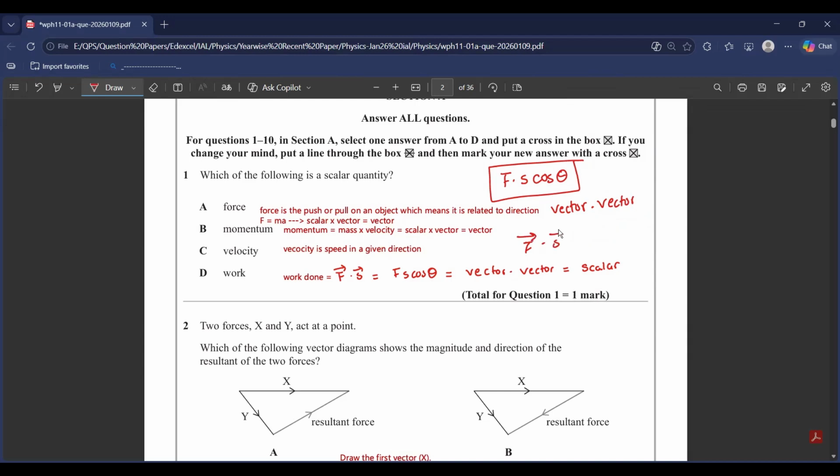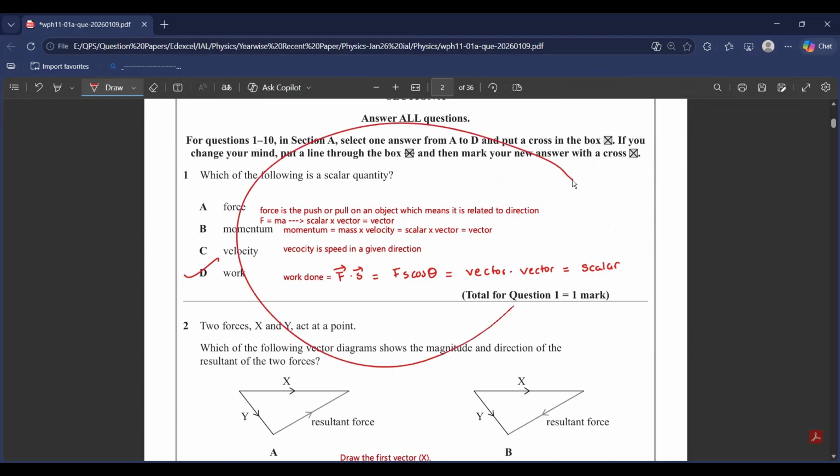Force multiplied by displacement, which we can write as Fs cos theta, which is the dot product. Whenever we have a dot product of vectors, the result is always a scalar quantity. So work is a scalar quantity. So our answer should be D.